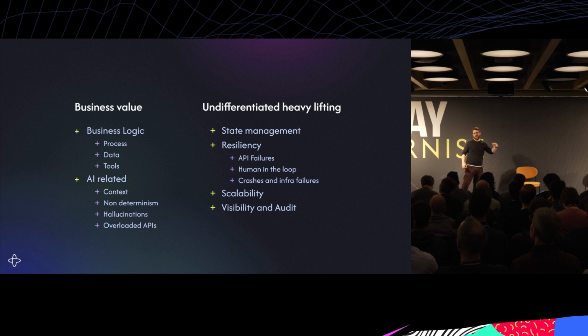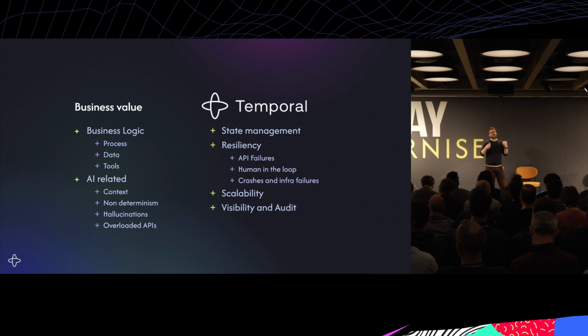Using the AI to decide, non-deterministic sort of results, hallucinations that you have to think about, overloaded AIs, which I was actually going to tell a story about when it happened yesterday, but it just happened on stage. So you know about the foundation model AI APIs getting overloaded frequently and not being available sometimes or taking too long. These are all very real problems in AI. So leave the undifferentiated heavy lifting to Temporal and get on with it.